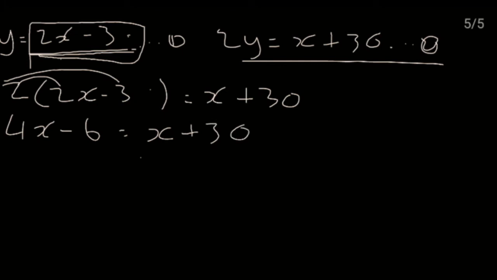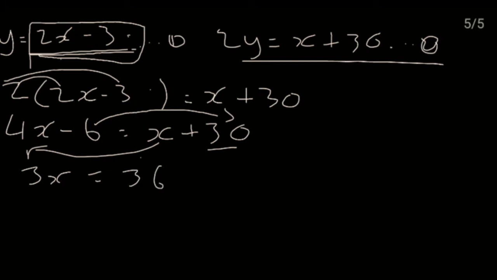If I take this x to the other side, it's going to be 4x minus x, which is 3x, and then I take the 6 to the other side, we will get 30 plus 6, which is 36, and divide by 3. 36 divided by 3 is 12, meaning x equals 12.